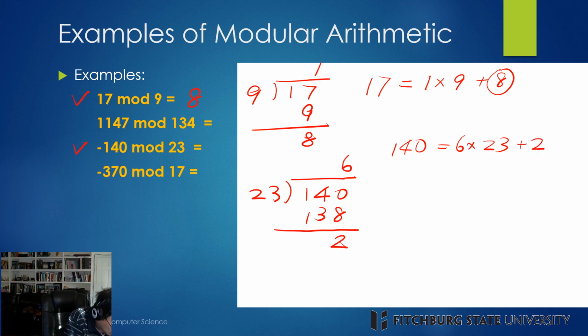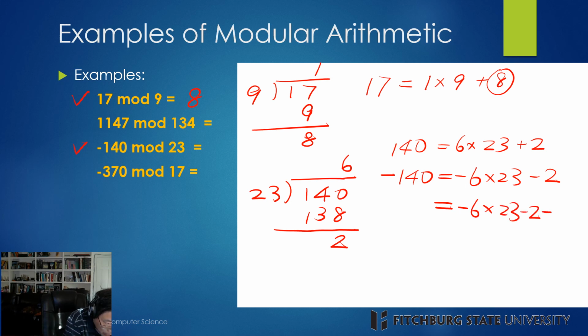But now we're not looking at 140, it's negative 140. So it's negative 6 times 23 minus 2. But since the remainder should be a positive number, here's negative 6 times 23, negative 2, we can put a plus 23 and a negative 23.